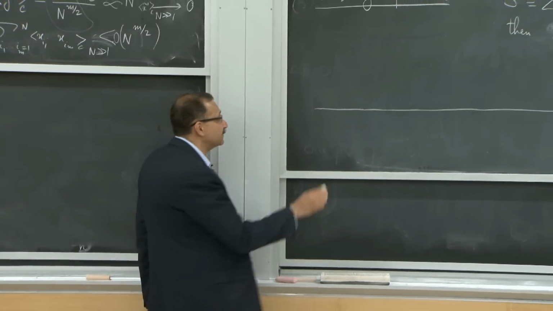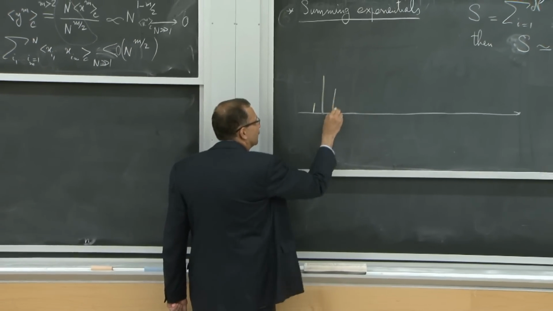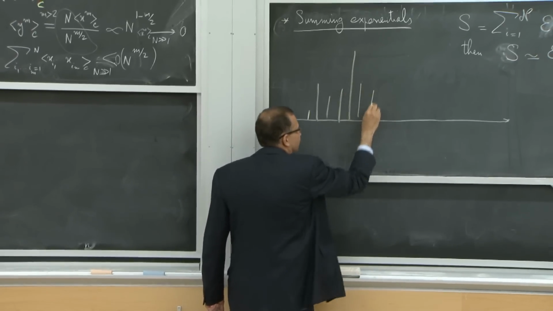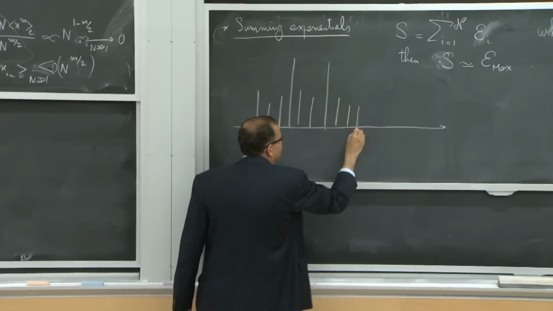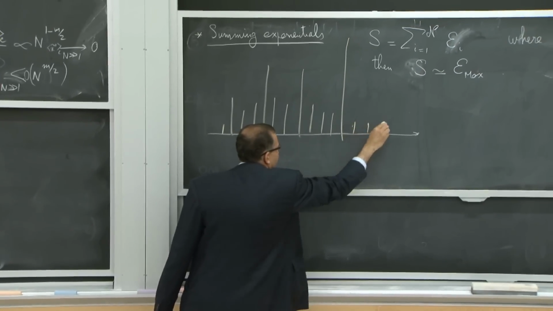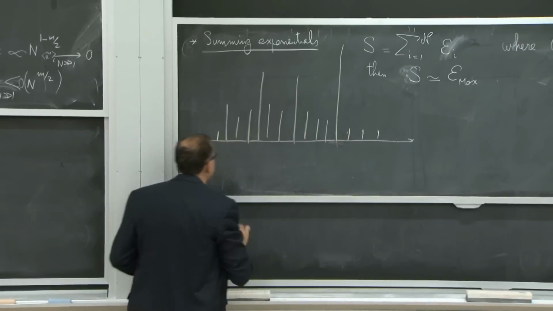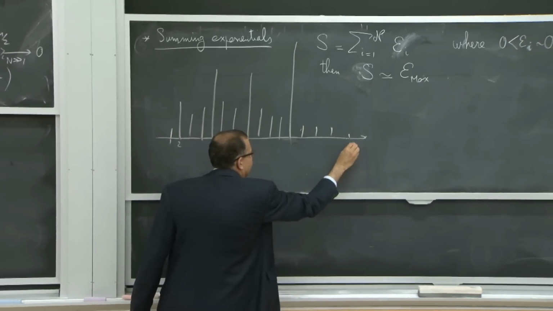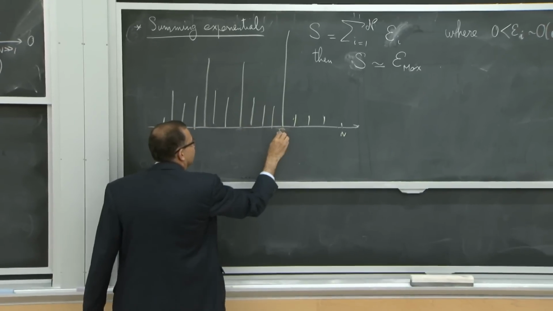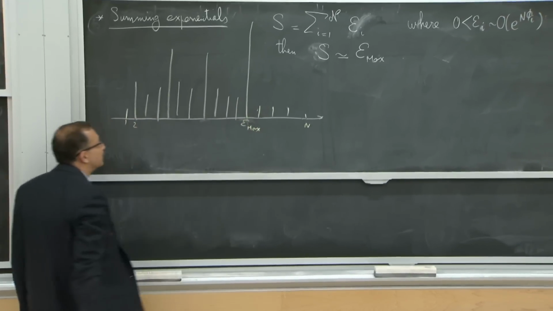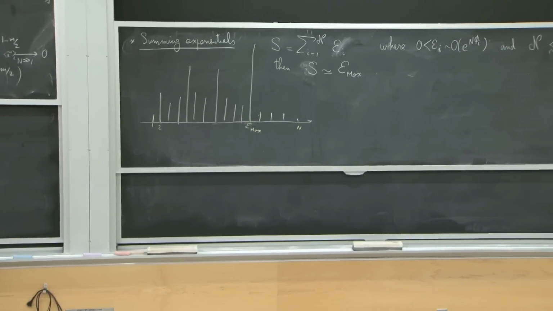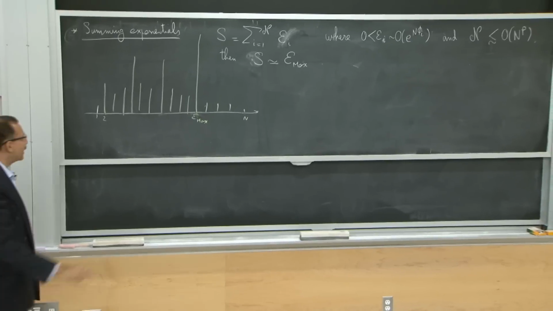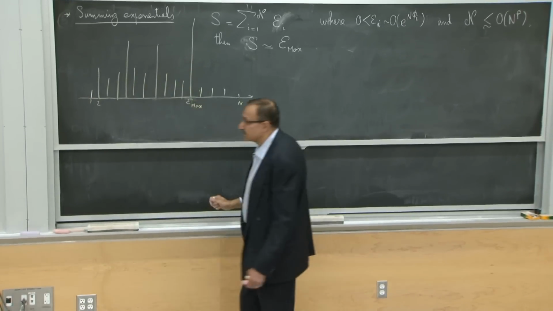They're all positive, so I can indicate them by bars of different lengths that are positive, and so forth. So let's say this is epsilon 1, epsilon 2, all the way to epsilon n, and let's say that this guy is the largest. Okay? And my task is to add up the length of all of these things.